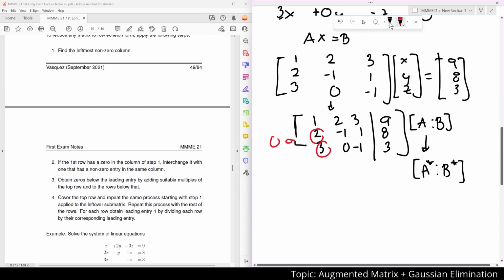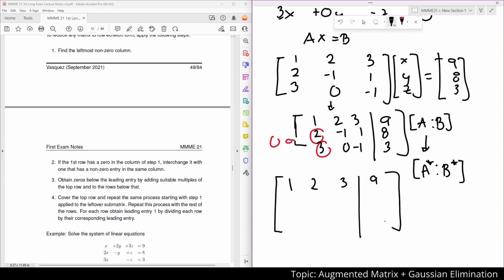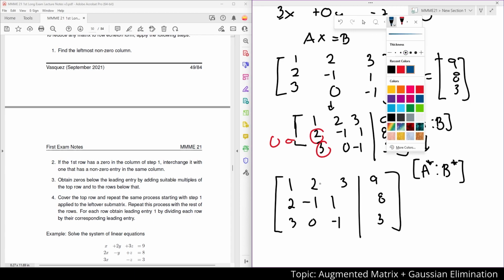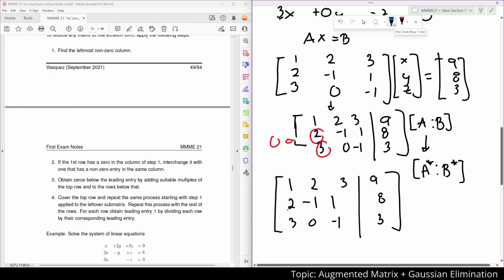And how we'll do that is we'll apply our elementary row operations. We have 1, 2, 3, 9. Then we have 2, negative 1, 1, 8, and 3, 0, negative 1, 3. So to transform 2 and 3 into 0, what we're gonna do is we're gonna be adding multiples of row 1, ito yung row 1, into row 2 and row 3.